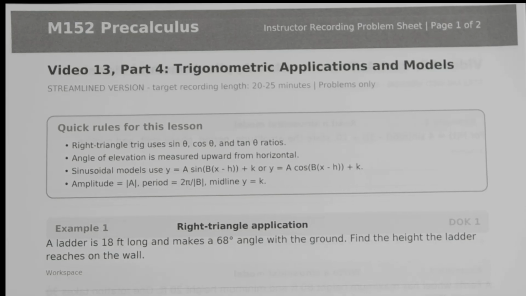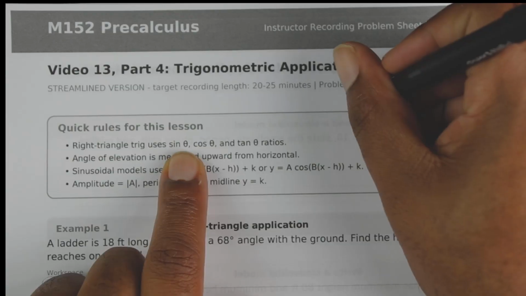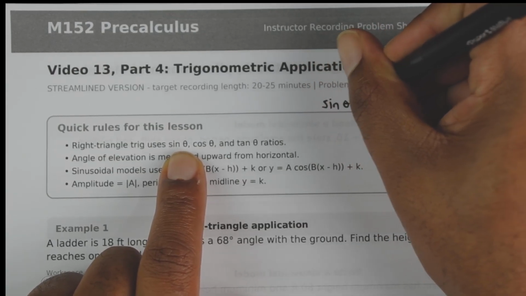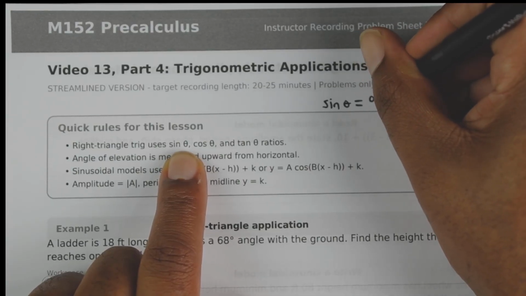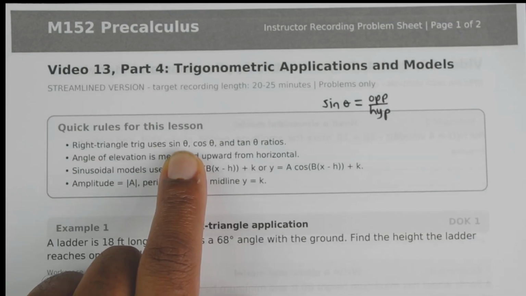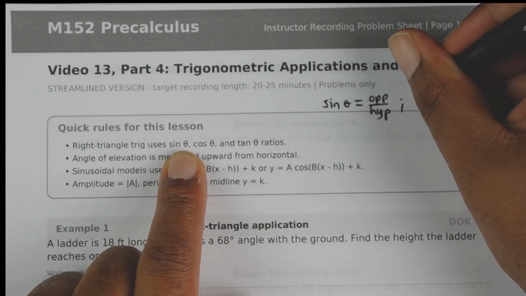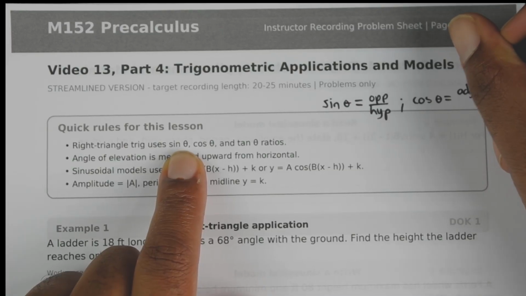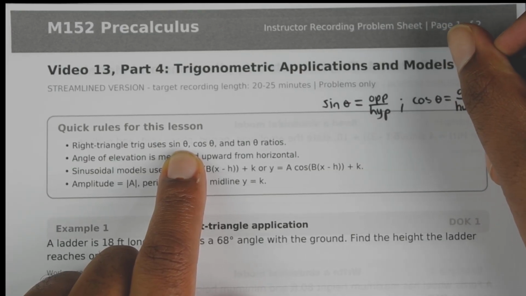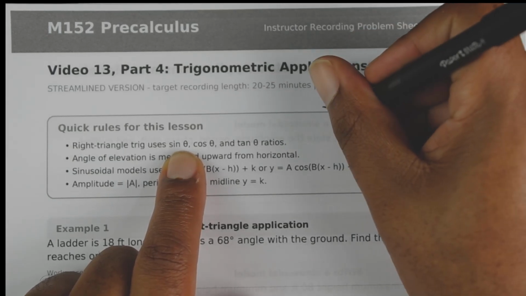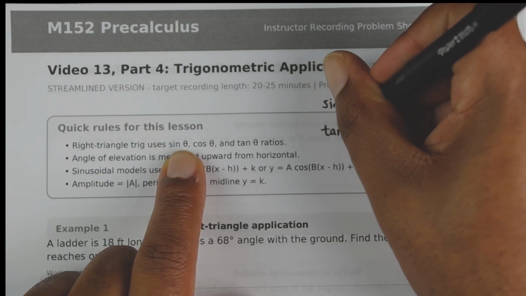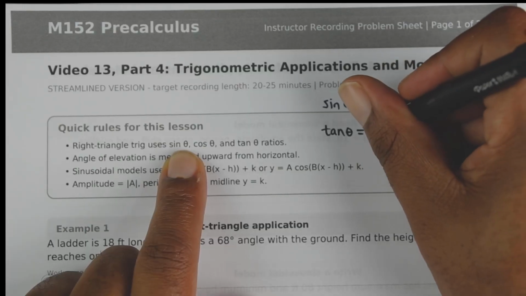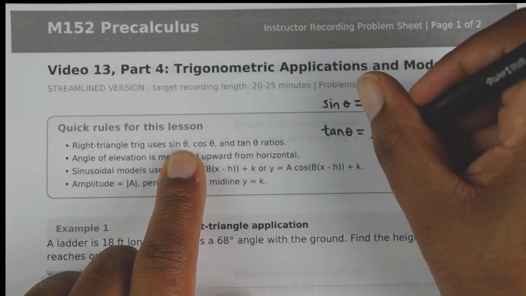So, right triangle trig. We have sine theta equals opposite over hypotenuse, cosine theta equals adjacent over the hypotenuse, and tan theta equals the opposite over the adjacent.